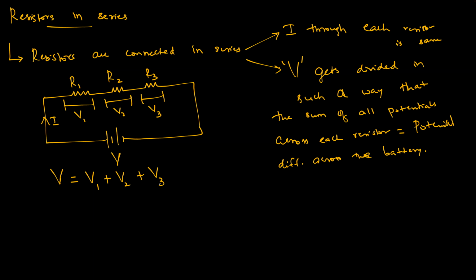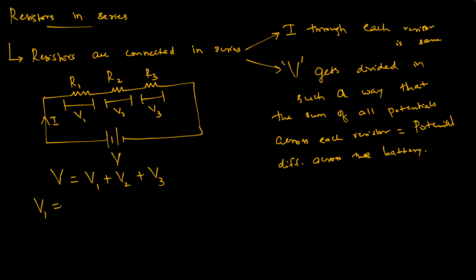Am I right? So if I observe what is V1 here according to Ohm's law. Remember, whenever you need to apply Ohm's law, have this point in your mind: the whole circuit where you're applying Ohm's law should have only one battery and one resistor.